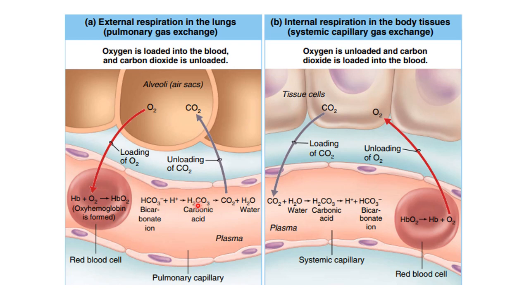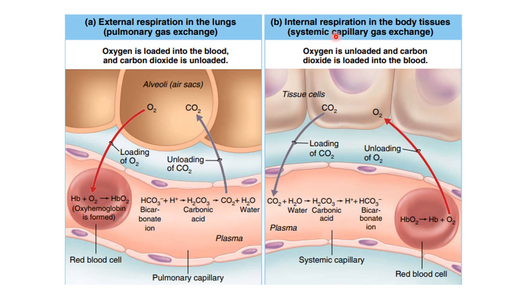But this time, you have to notice that the carbonic acid has transferred from inside the red blood cell to the outside. Carbonic acid then decomposes into carbon dioxide and water. And this carbon dioxide is the one that diffuses into the endothelium, into the respiratory membrane, and into the alveoli, where it is exhaled.